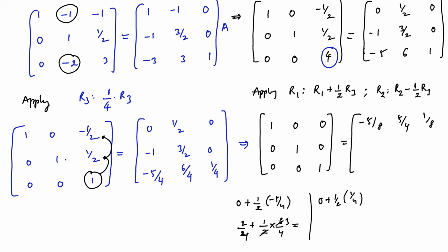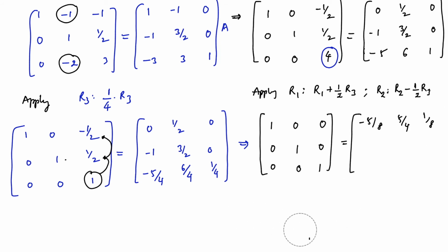And second row, for second row, minus 1 minus 1 by 2 times of R3, that is minus 5 by 4, which is equal to minus 1 plus 5 by 8, or we can write minus 8 plus 5, that is minus 3 by 8.